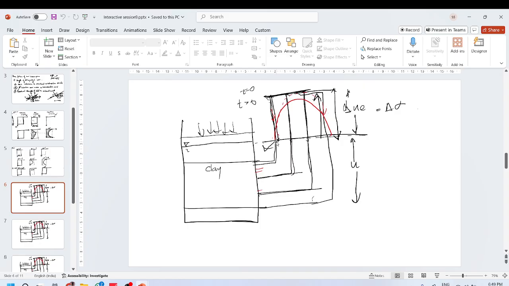So at the same times, you will have isochrones, the distribution of pore water pressure throughout the depth of the sample, and it will not be the same. This is what your equation of consolidation basically gives you. It gives you the isochrones.